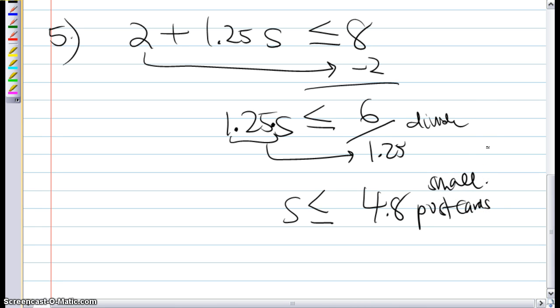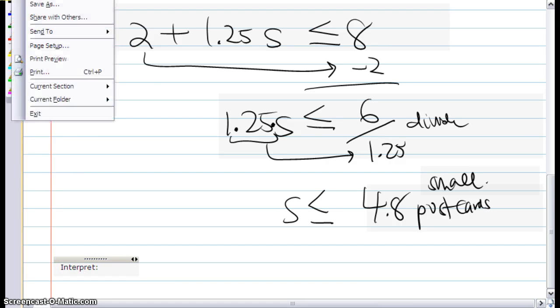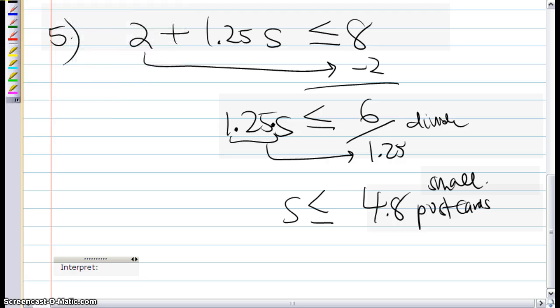Now this is small postcards. Well, I don't think I can buy 0.8 of a postcard. So what does this mean when I interpret the solution? 4.8 can't really be the actual answer.